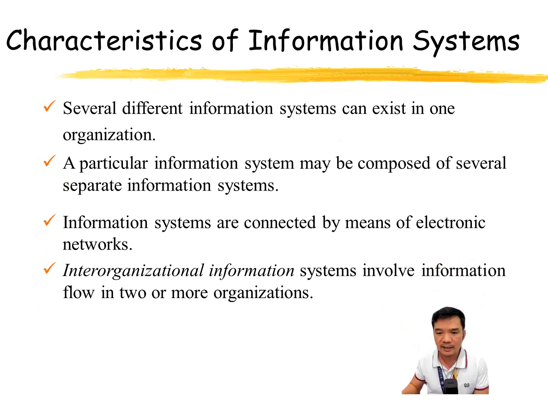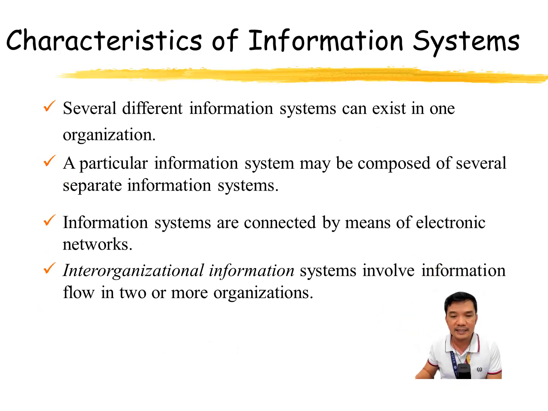Okay. So next we have here the characteristics of information systems. This is just to enumerate some, to remind us also of the capabilities and support of information, or maybe its limitations in the organization, and to clarify also some interpretation of information systems in the organizational context.